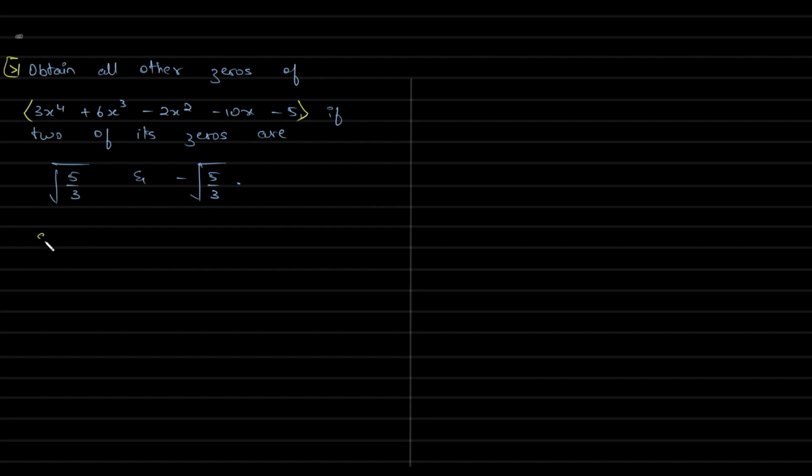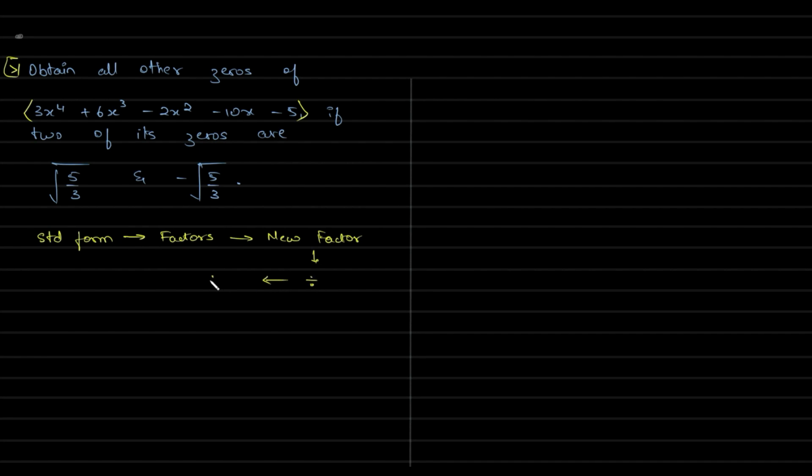First, write in standard form. Then once you write the standard form, you find the factor. Once you find the factors, you look at the new factor. Once you find the new factor, you divide.